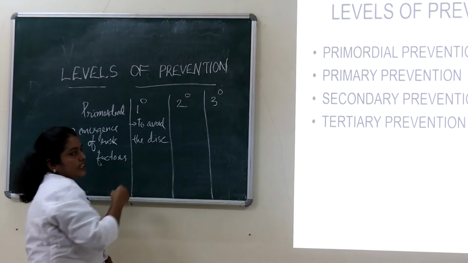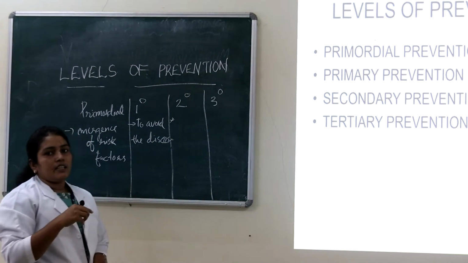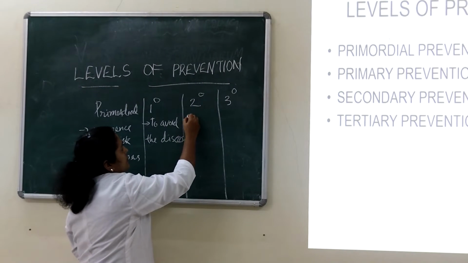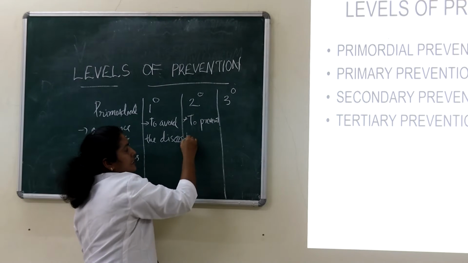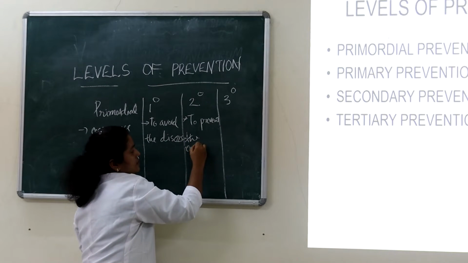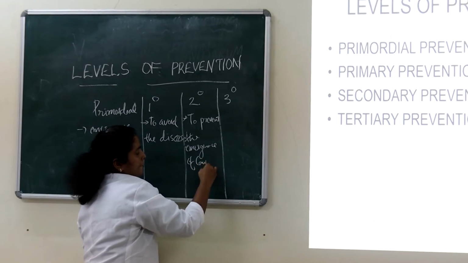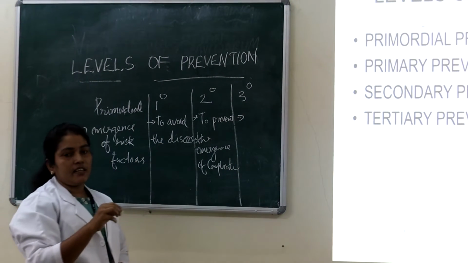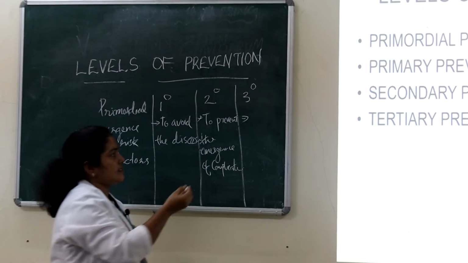Then in secondary prevention, the aim is to prevent the emergence of complications. In tertiary prevention, we have to prevent the emergence of disabilities.